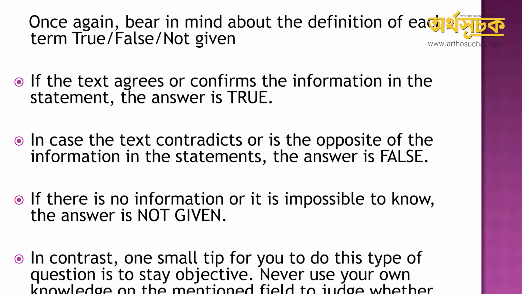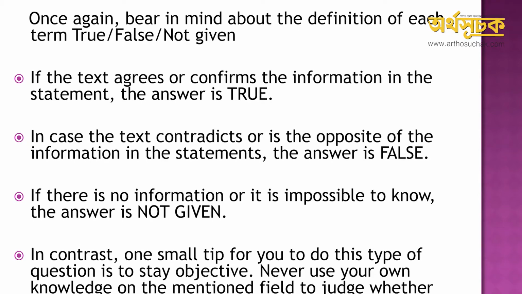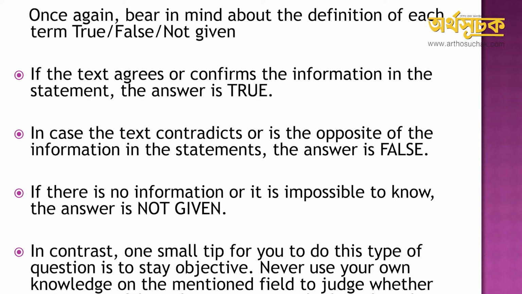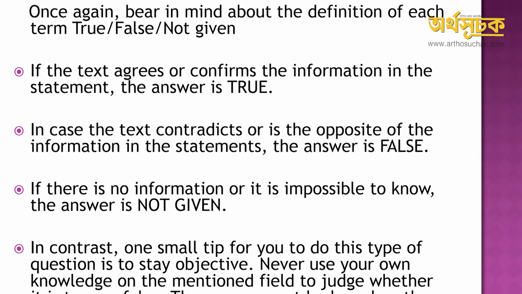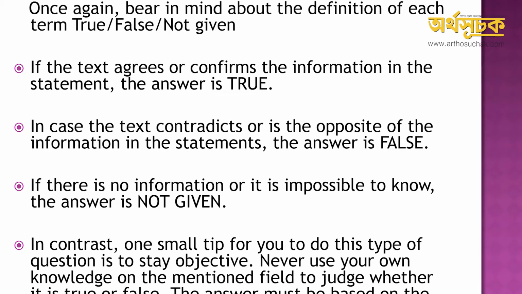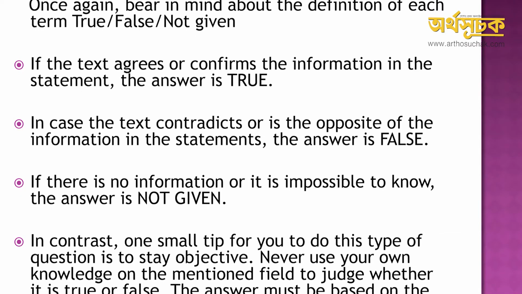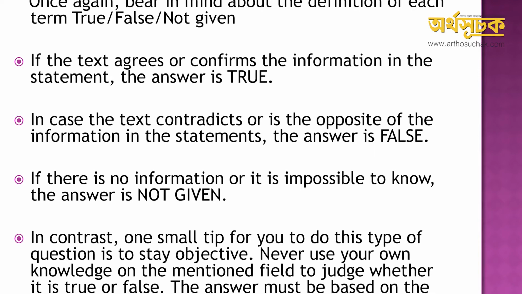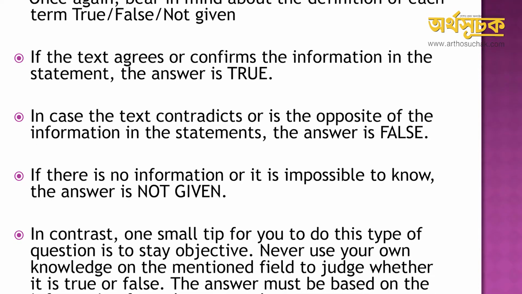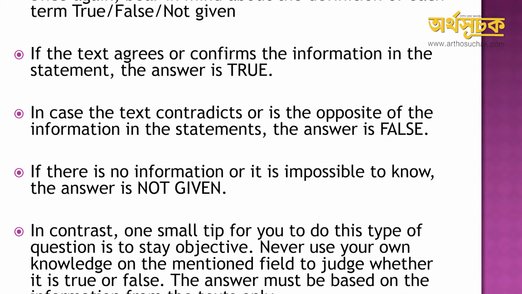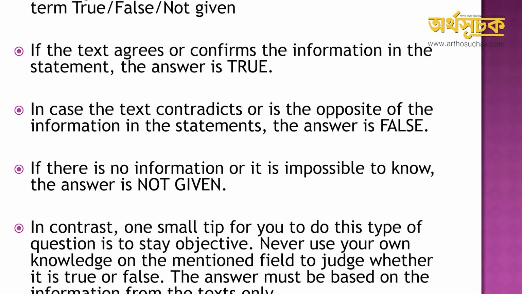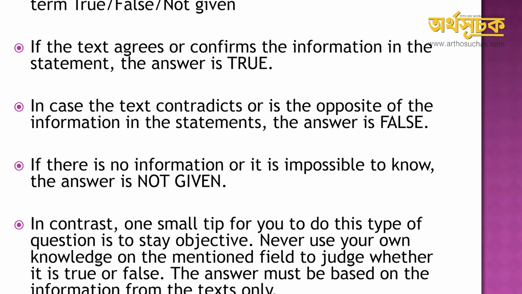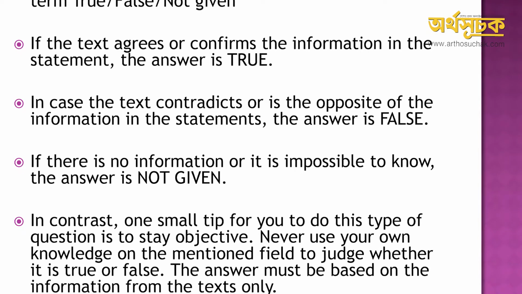Once again, bear in mind the definition of each term: true, false, not given. If the text agrees to confirm the information in the statement, the answer is true. In case the text contradicts the information in the statements, the answer is false. If there is no information or it is impossible to know, the answer is not given.